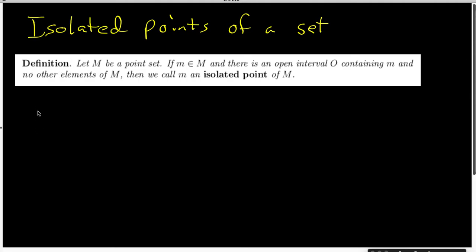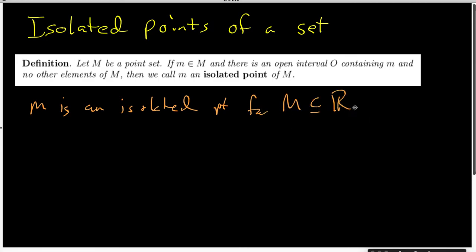What I want to do is start with what it really means when we say that little m is an isolated point for the set capital M, which is some subset of the real numbers.